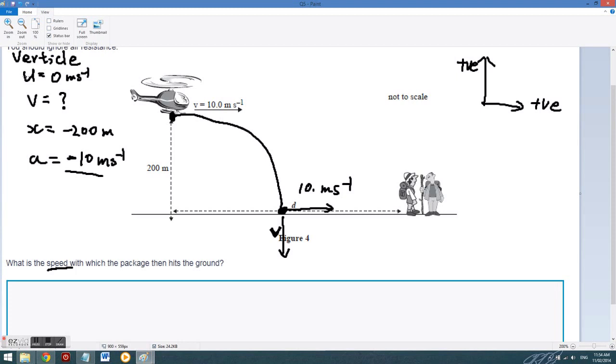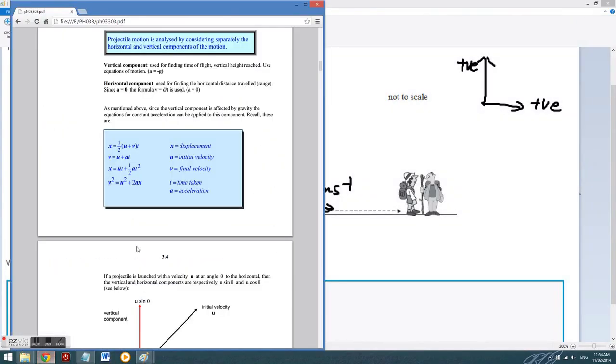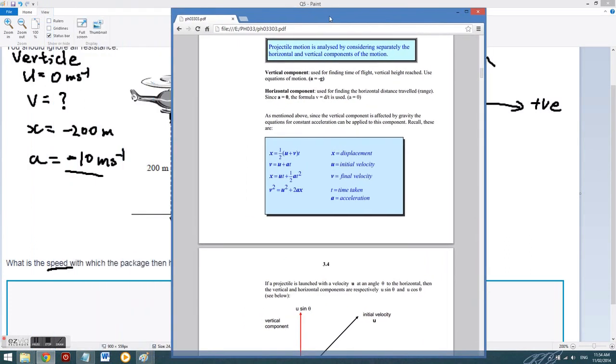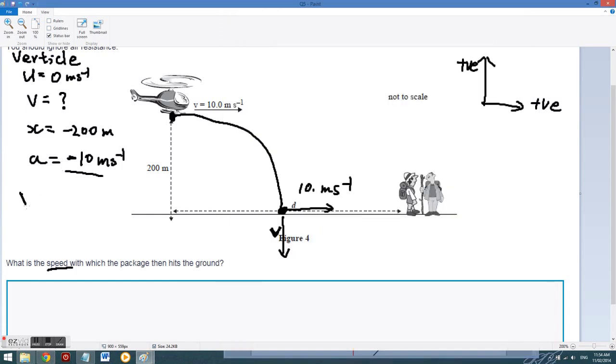Then we're looking for an equation with u, v, x, and a. Go through your notes. Yeah, just this one here: v squared equals u squared plus 2ax. Now, v squared will be 0 squared plus 2 times minus 10 times minus 200.